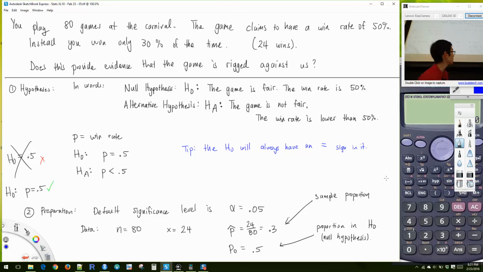The alternative will have either greater than, or less than, or not equal to. And you'll use the same number. If the P0, the number that appears in the null hypothesis, is 0.5, that same number will appear in the alternative as well.